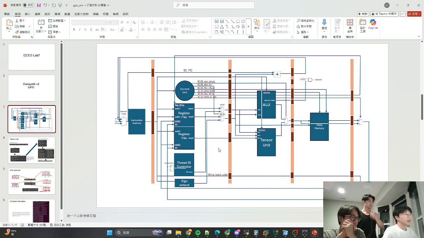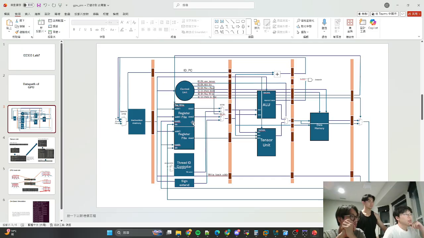And for our ID stage, the difference between this GPU design and the previous CPU design is that because we have the fused multiple add instructions, we need three source data to get into the EX stage.